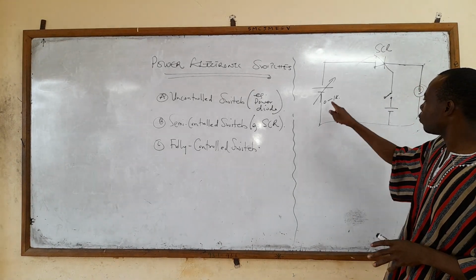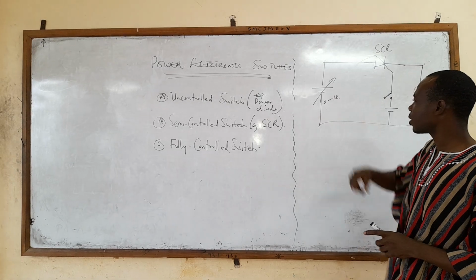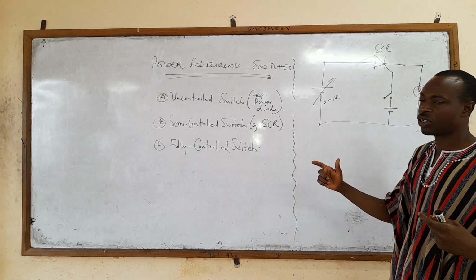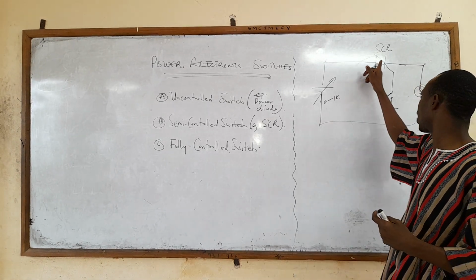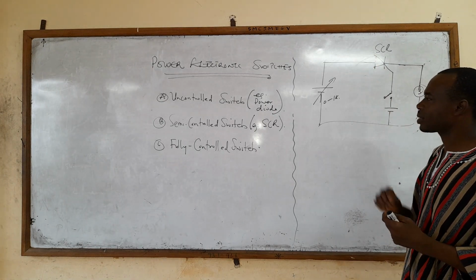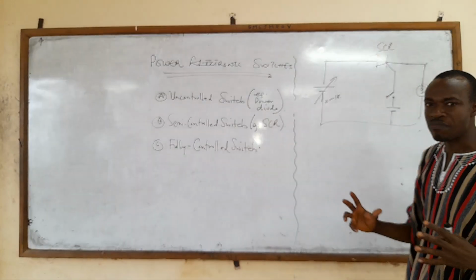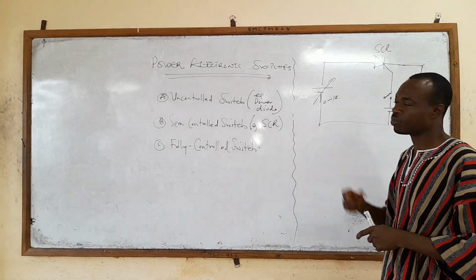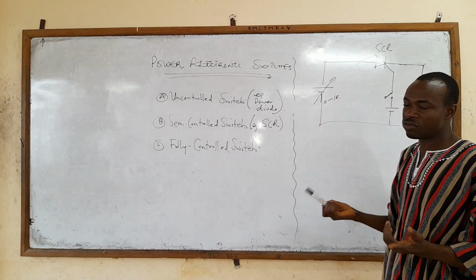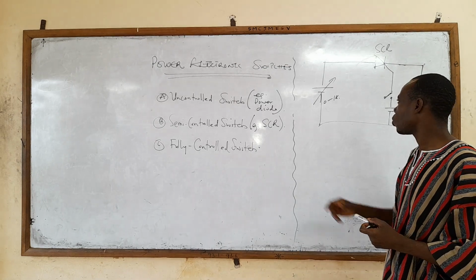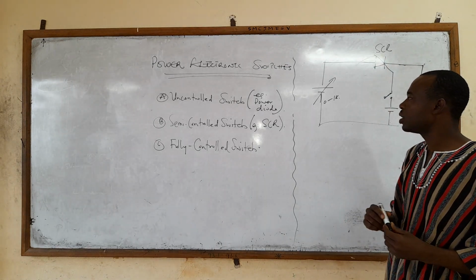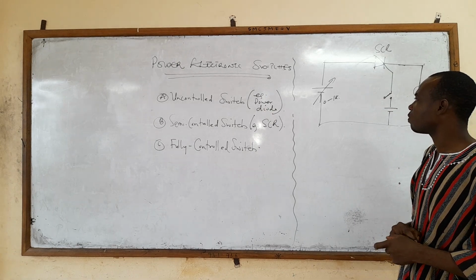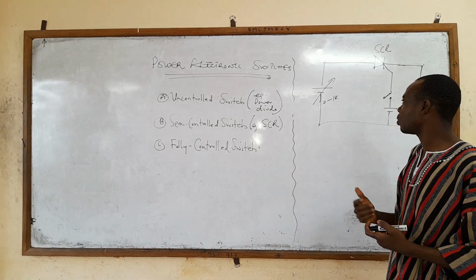Because if you increase the anode current to a threshold value, it is going to conduct. But since it is not a controlled means of turning the switch on, we don't accept this method. At the end of the day, you may even damage the circuits, or damage the switch. So this is an undesirable method of turning on the switch.